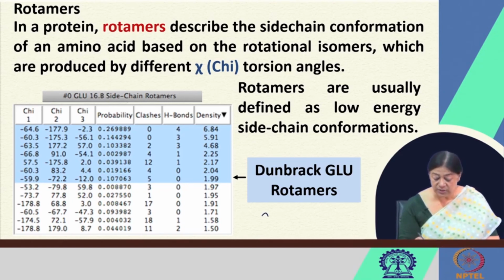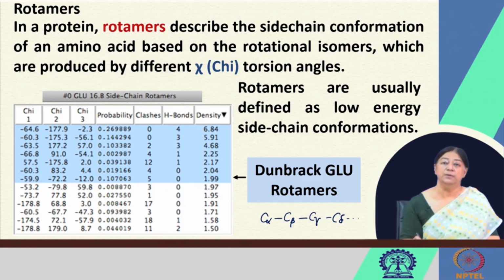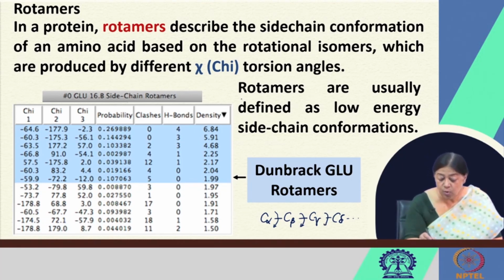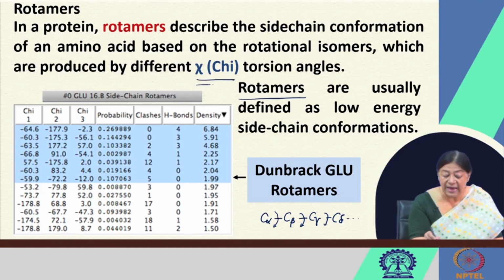Suppose we looked at the nomenclature, we have a C alpha followed by a C beta, followed by a C gamma, even a C delta, and so on. Now, all of these are linked by single bonds. So, there is a possibility of rotations about these bonds. This gives what are called rotamers, giving us chi angles.